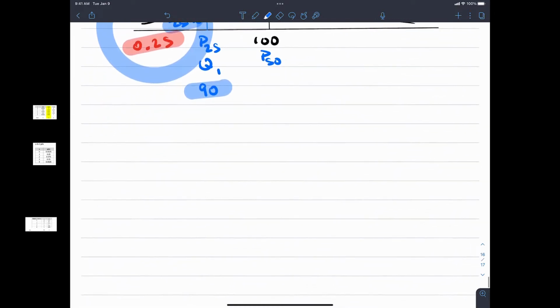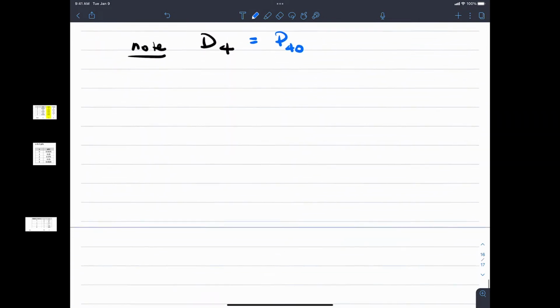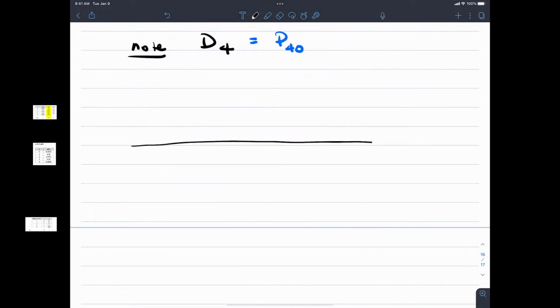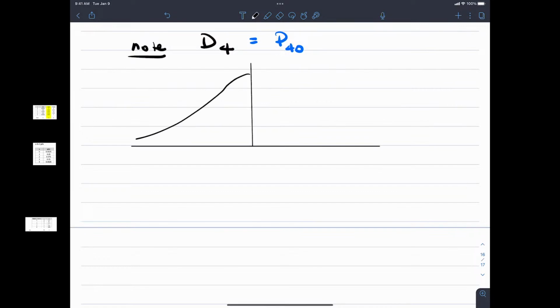Let's see if you're really awake. What's D4? P40. That's the definition. Isn't this P50?